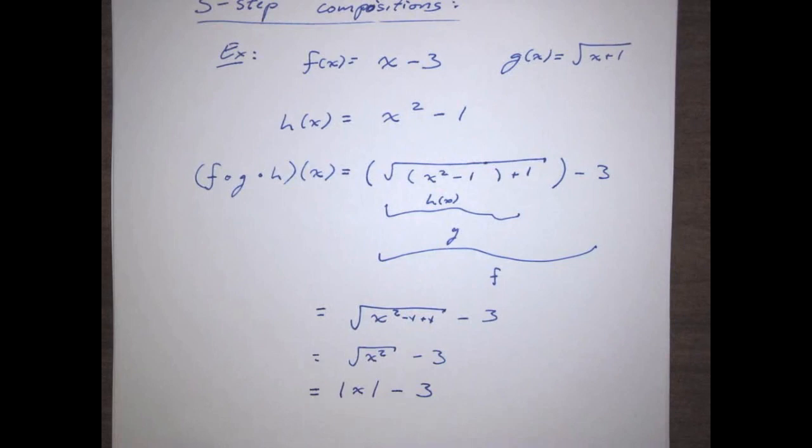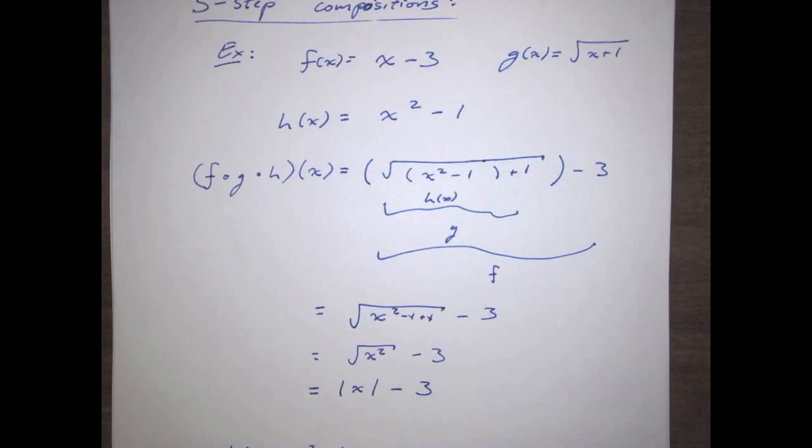So like the steps here, if we wanted to think of it: h of x is equal to x squared minus 1, g of h of x in turn would be the square root of that, x squared minus 1 plus 1, and then f of that would be this all minus 3.